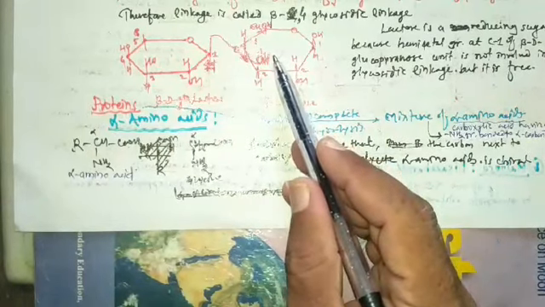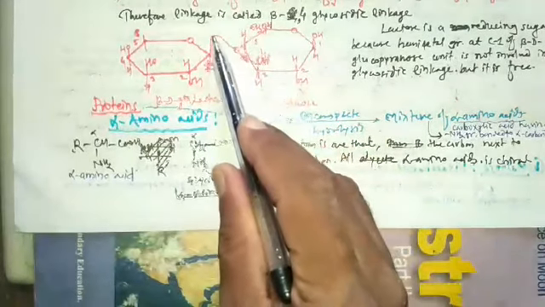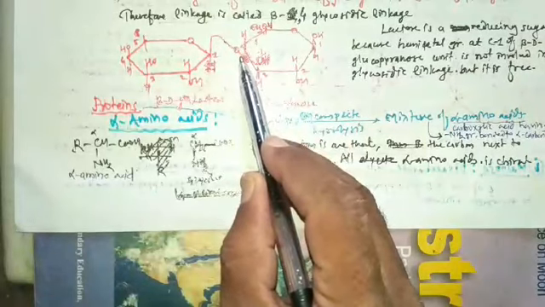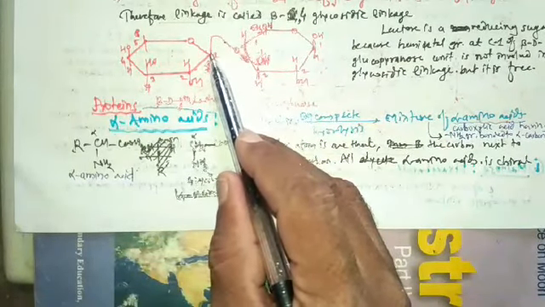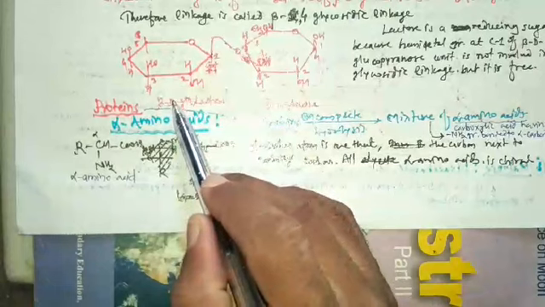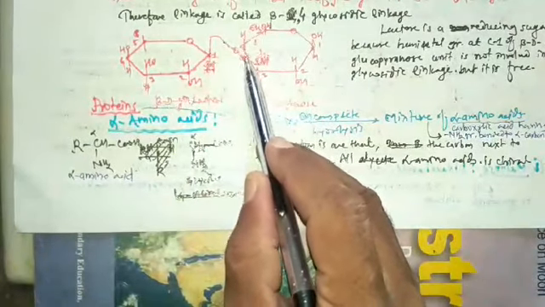Here the glycosidic linkage is formed between C1 of beta-D-galactose and C4.